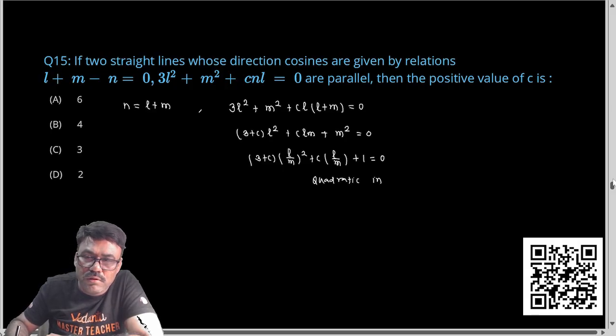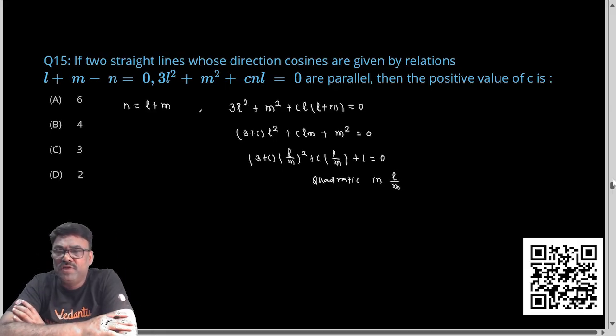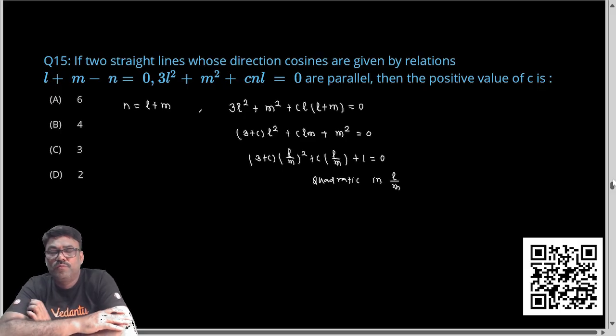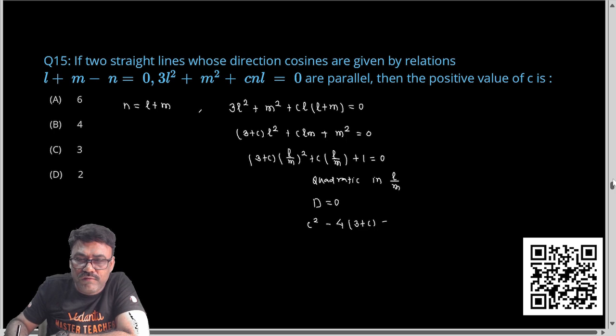Since the two lines are parallel, this quadratic must give two equal roots, meaning the discriminant should be 0. If I find the discriminant, I get c square minus 4 times (3 plus c) equal to 0. So c square minus 4c minus 12 equals 0.